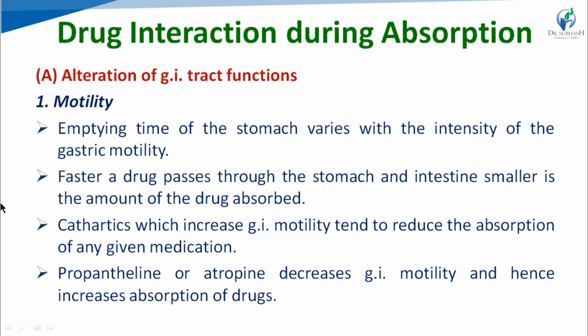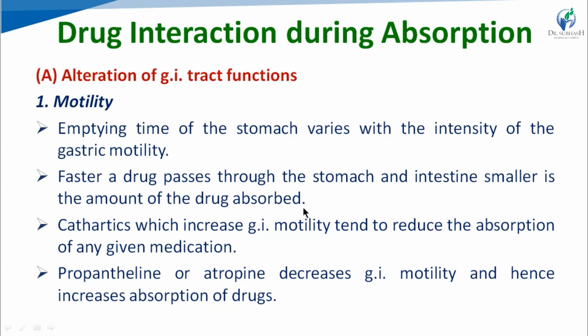First we need to consider motility. The emptying time of the stomach varies with the intensity of the gastric motility. If someone's gastric motility changes, the emptying time of the stomach will also change. The faster a drug passes through the stomach and intestine, the smaller is the amount of drug absorbed.